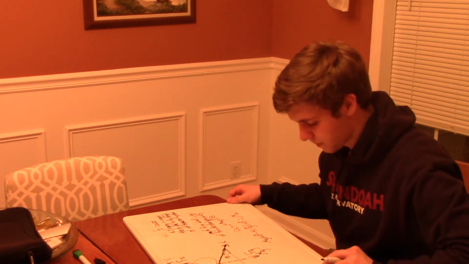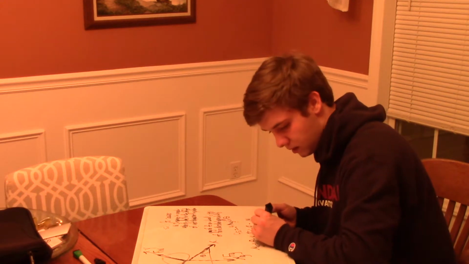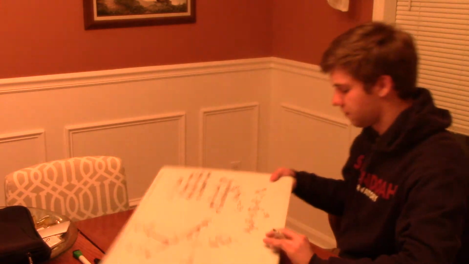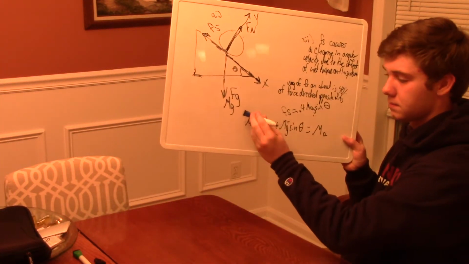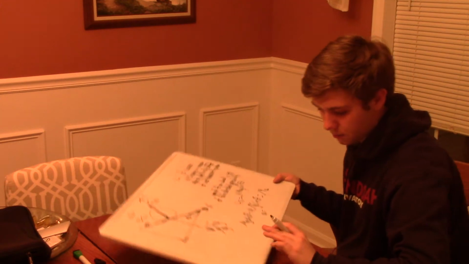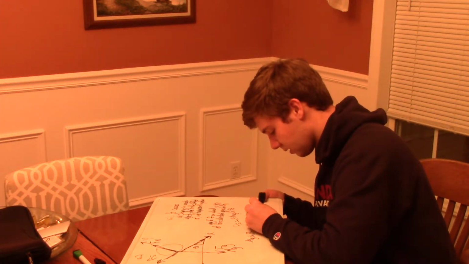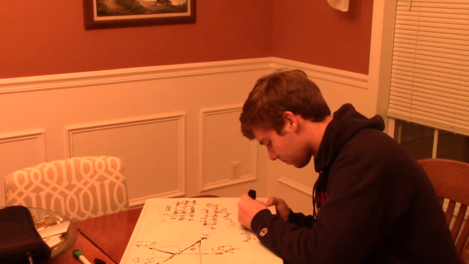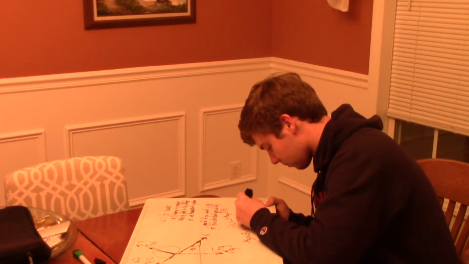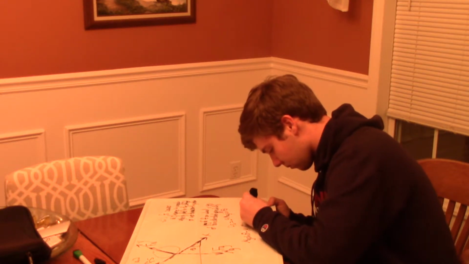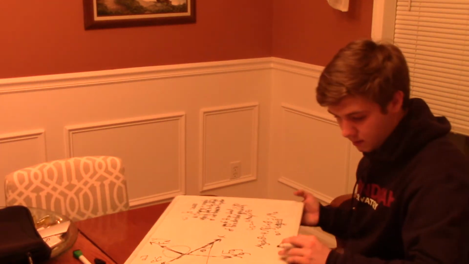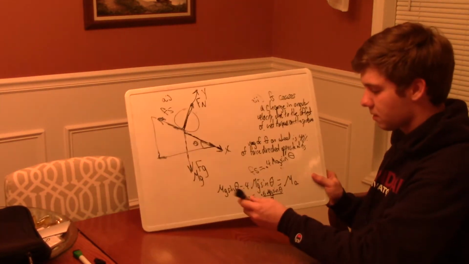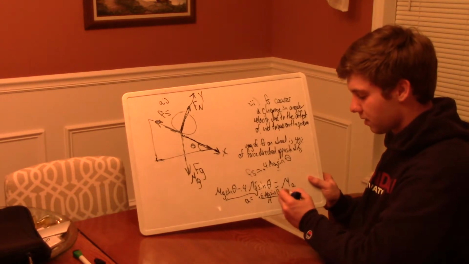Okay, so we can see a is equal to, because that will help us find our equation up here. Let me just show you what I wrote down here at the bottom. It's our equation. So then we have a equals 0.6 mg sine theta over m, because this equation here helped us find 0.6 mg sine theta.